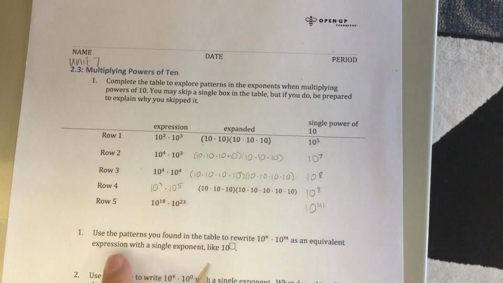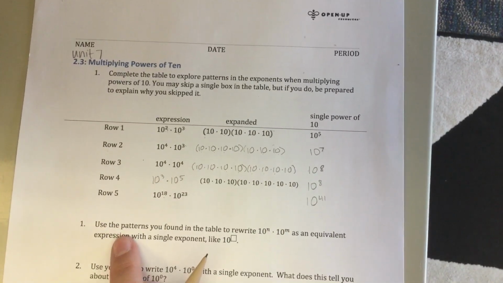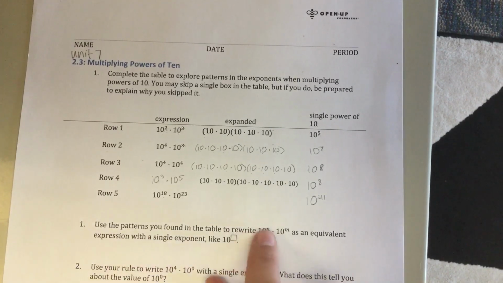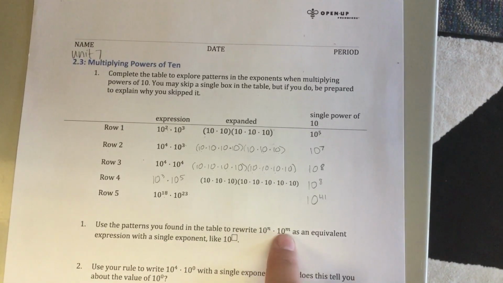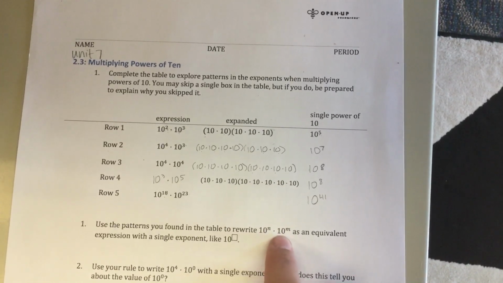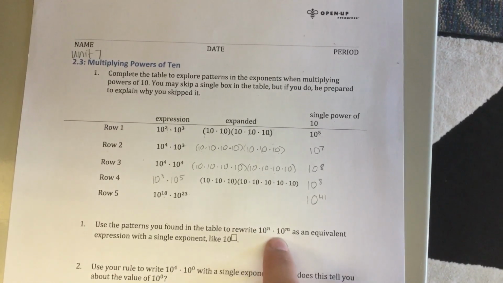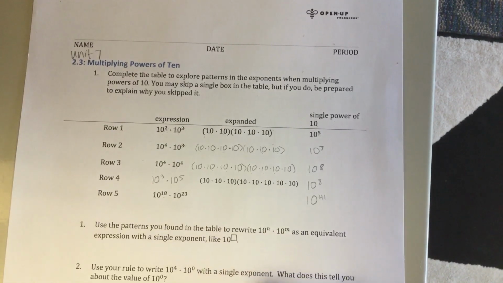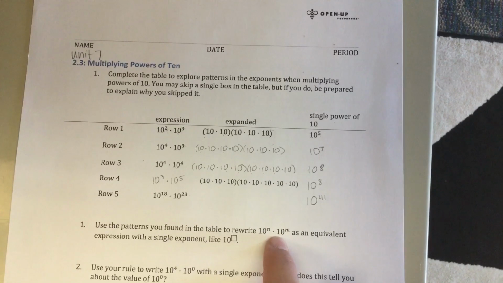So using that rule, let's answer this first question. Use the pattern I found in the table to write, let's generalize this, if the same base, so all base 10, and we're going to see in later lessons that it doesn't just have to be base 10, it can be any base.